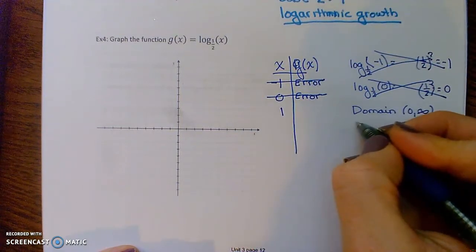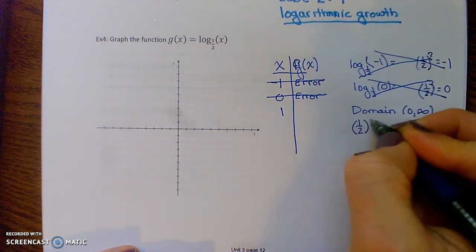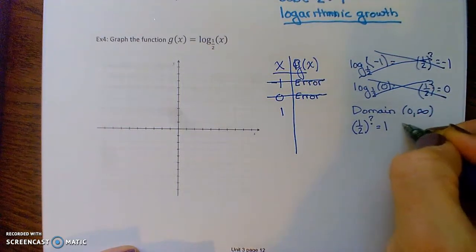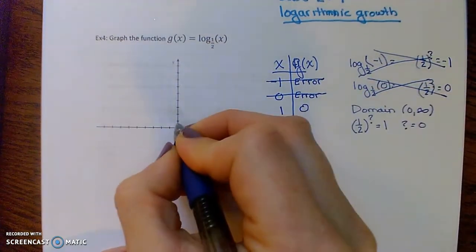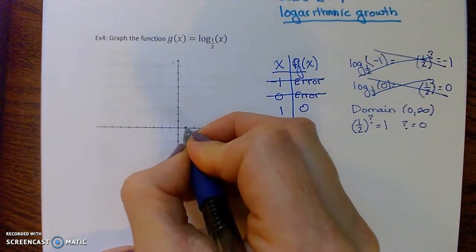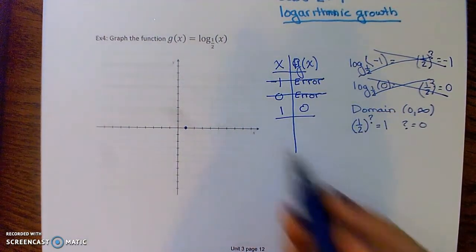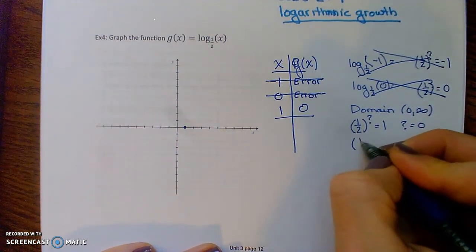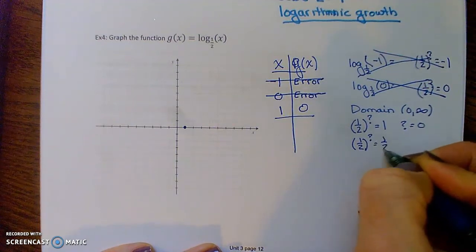Plugging in 1 is like asking 1/2 to what power is equal to 1. The power would have to be 0. So (1, 0) is a point on our graph. Let's plug in a half so that it'll be easy for us to compute. 1/2 to what power gives us a half?